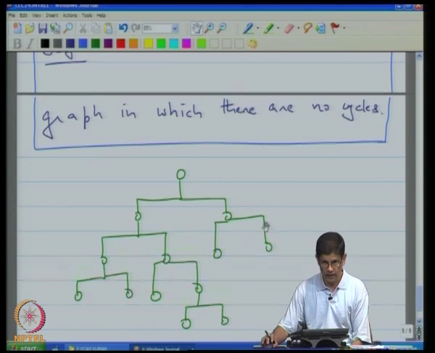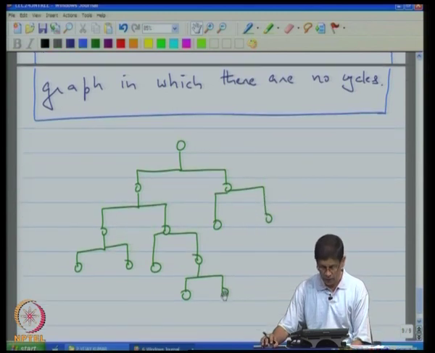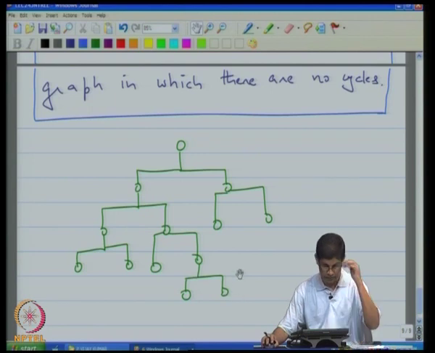And there are no cycles, in the sense that you cannot travel around the graph without retracing your steps and land up at the same node at which you started. For example, if you start here, there is no way to come back to this node without retracing your steps at some point. Okay.